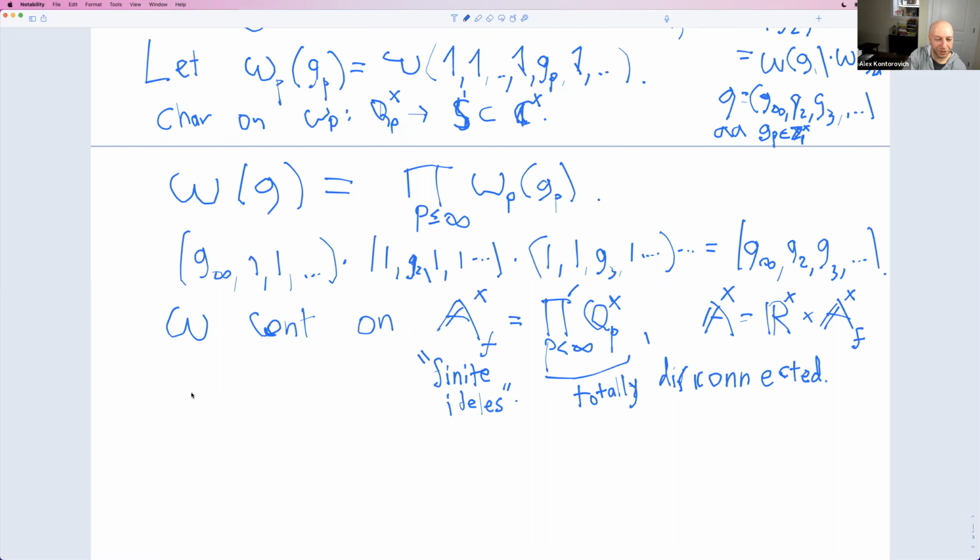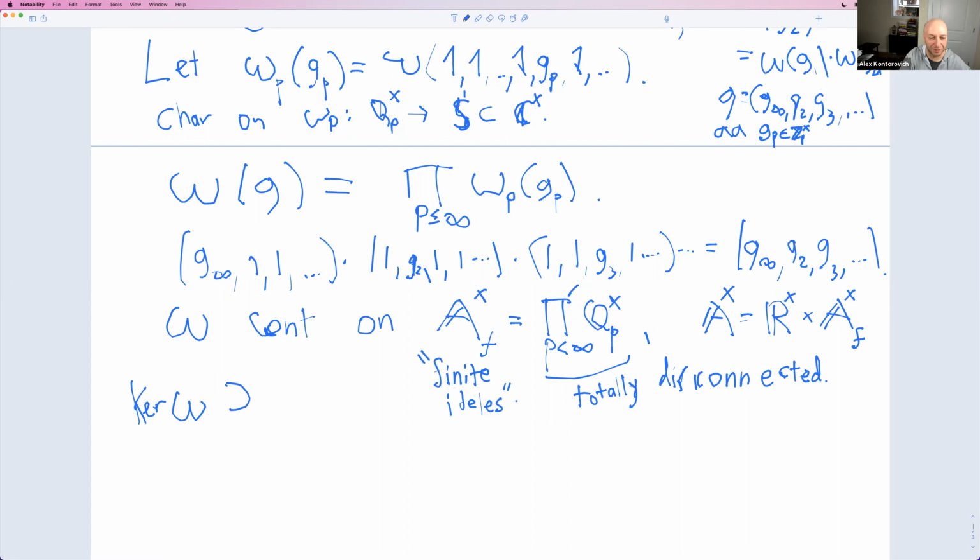So the pre-image of one, in other words, the kernel, you know what the kernel is. What is it? Well, it has to be some nice open set in this topology. And so what's an open set?